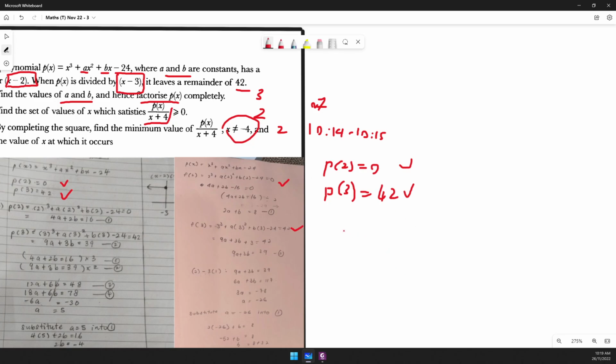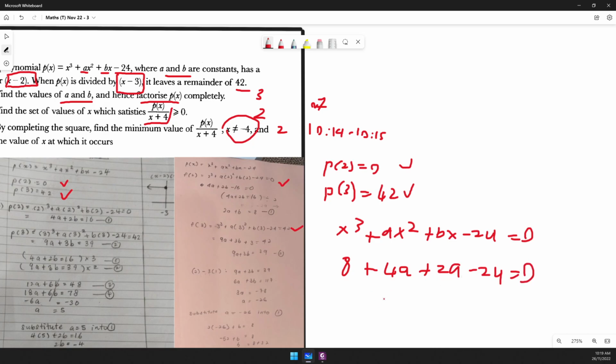x cubed plus a x squared plus b x minus 24 equals 0. Substituting 2: 2 cubed is 8, plus 4a, plus 2b, minus 24 equals 0. So 4a plus 2b minus 16 equals 0.